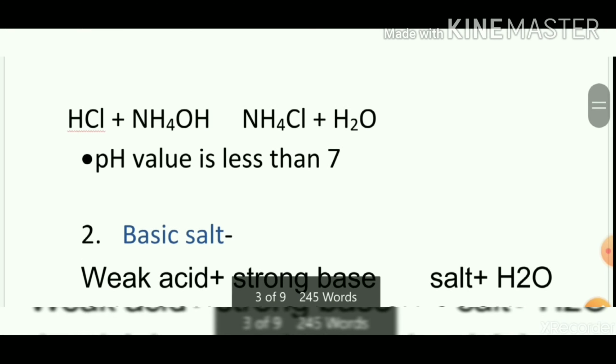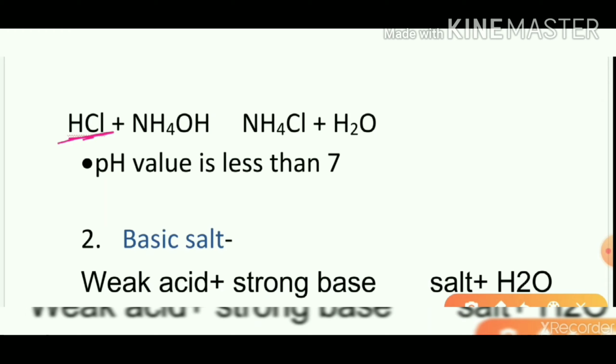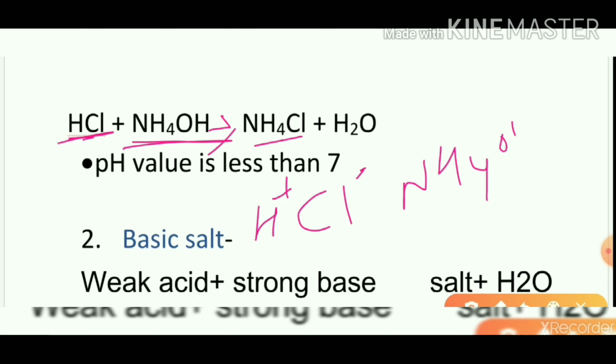In the reaction we will see HCl plus NH4OH gives NH4Cl. Now we will see the reaction. HCl, that means H plus and Cl minus. Next NH4OH. The first thing is to take out the water.